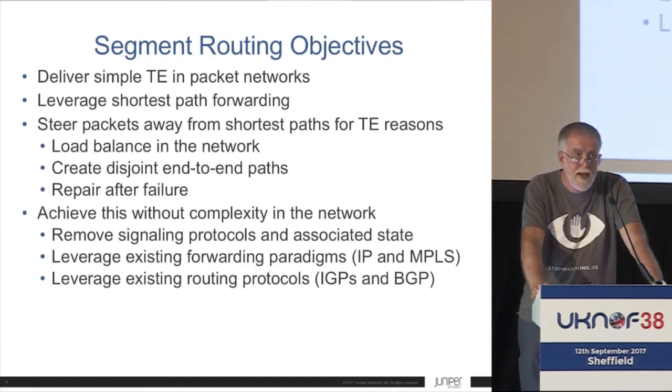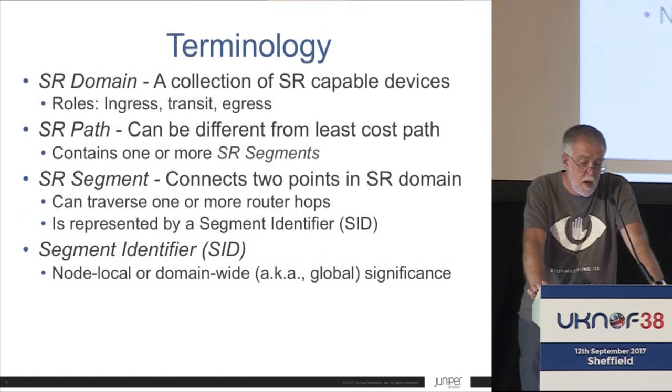We want to do this without putting complexity into the network, so removing the signaling protocols and trying to reuse the forwarding paradigms, either IP or MPLS, and to reuse the existing routing protocols.